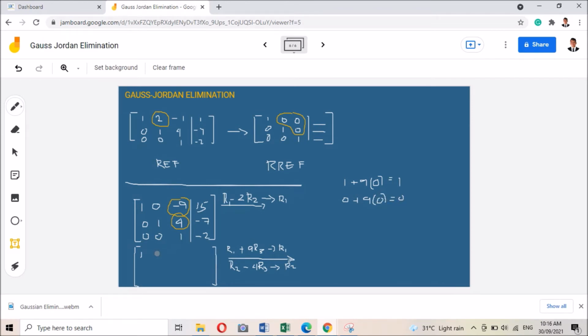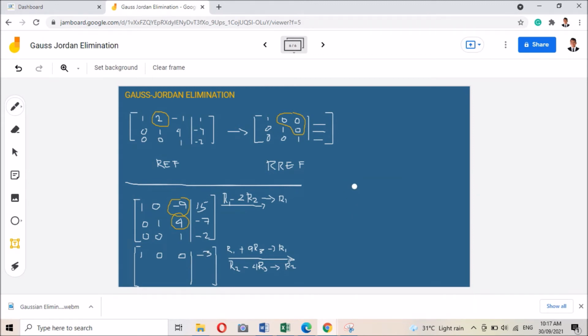So here still 0. And the next entry is negative 9 plus 9 times 1, which is equal to 0. Then the next entry is 15 plus 9 times negative 2 in row 3, and this will give us 15 minus 18, which is negative 3. There. So here is negative 3.